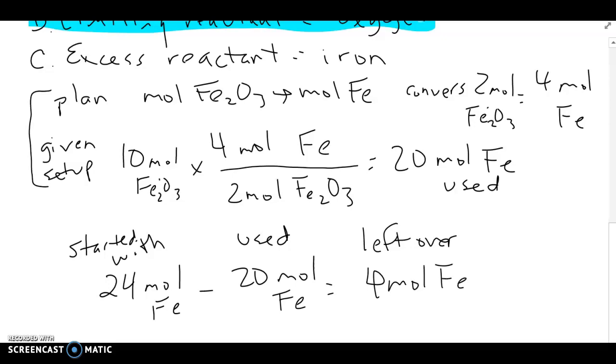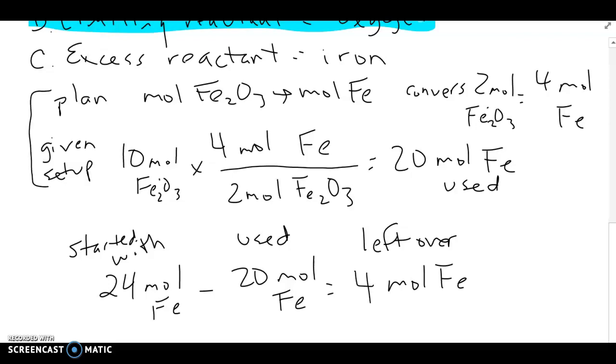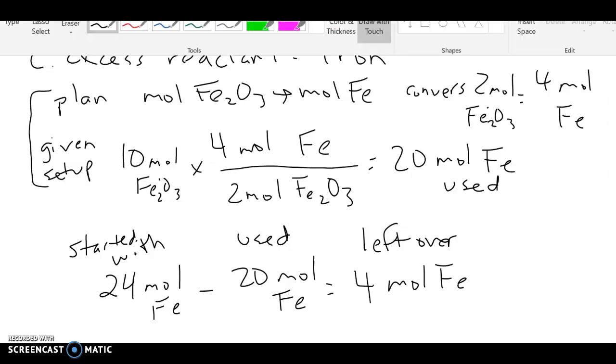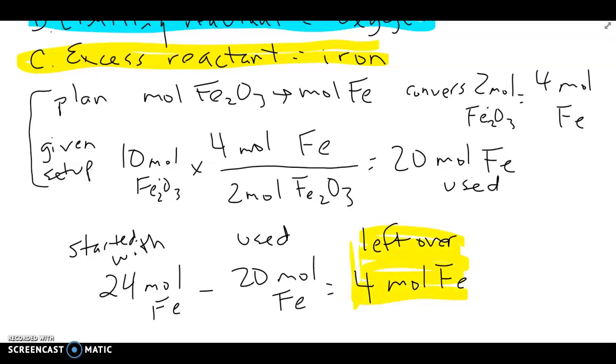That is a really funky 4 right there, so we're going to clean that up a little bit so it looks more like a 4. Okay, let me highlight this in yellow. My answer to C: my excess reactant is iron. I double check everything, and I have left over 4 moles of iron. So I have all of my answers to my problem, and that works out pretty well.